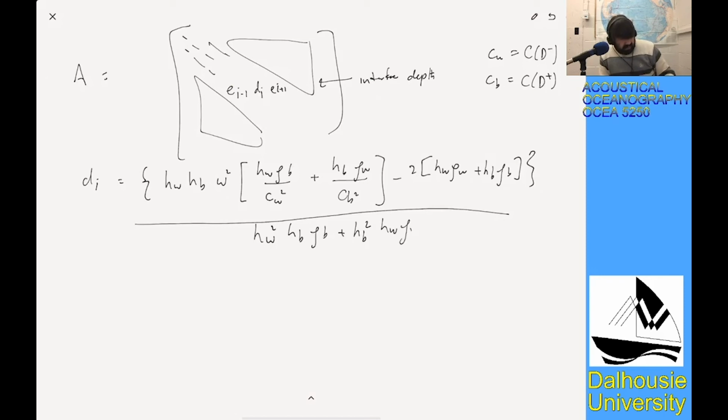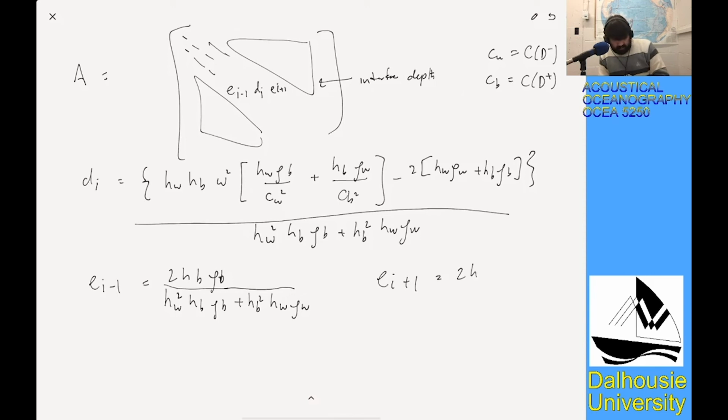Our EI to the minus 1 is going to look like 2 times HB, rho B, over HW squared, HB, rho B plus HB squared, HW, rho W, and our EI to the plus 1 is equal to 2 HW, rho W over HW squared, HB, rho B plus HB squared, HW, rho W.